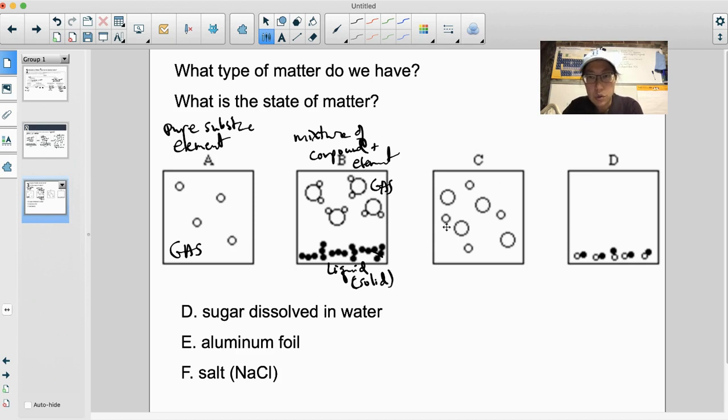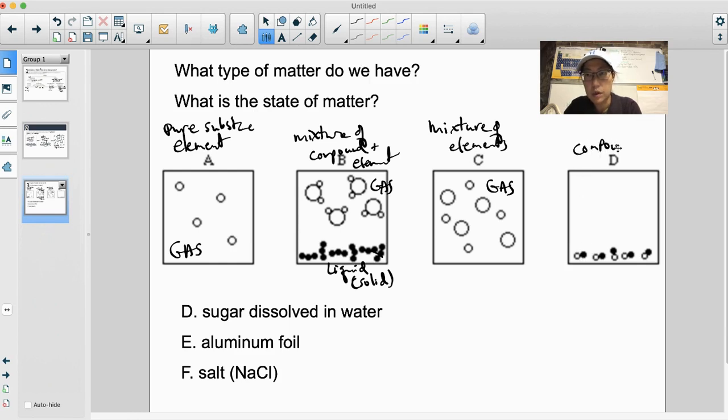In C, I see two different types of atoms. One type of atom and then another type of atom. This is a mixture of elements. And they're taking up the whole container, so these are gas. Here I see molecules with two different types of atoms bound together. This is a compound.